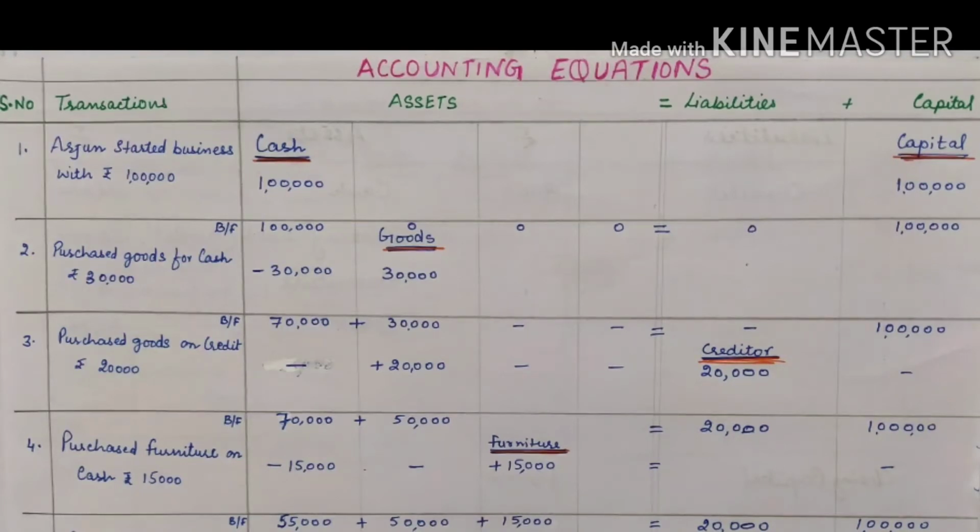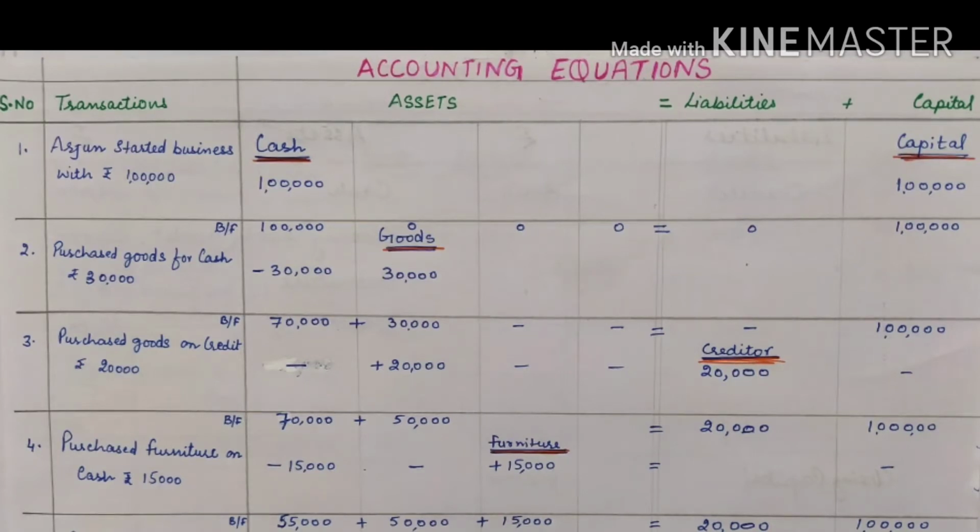So capital is a liability, that can be expressed in a formula. Cash is shown below the assets, and the same amount of capital is created on the liability side. Thus the transaction has been recorded in the accounting equation.